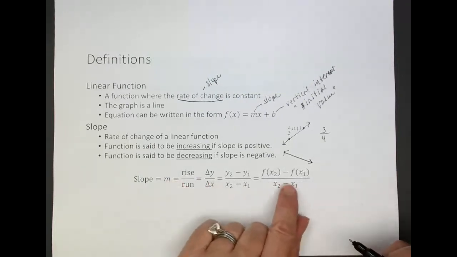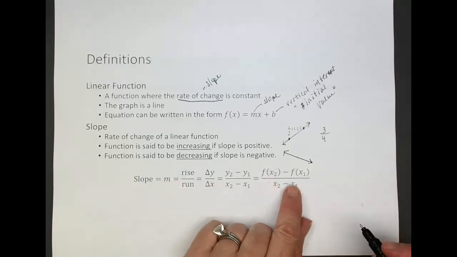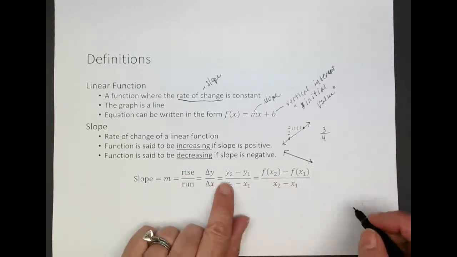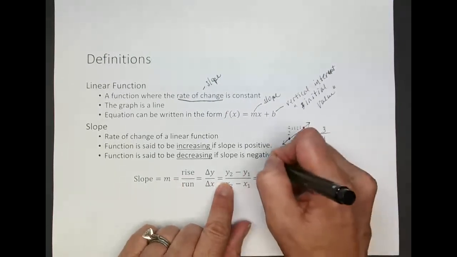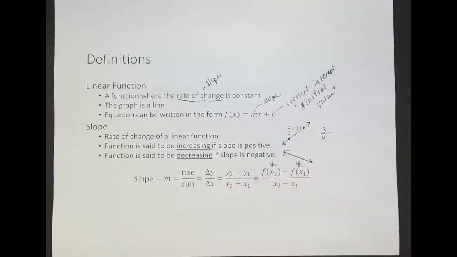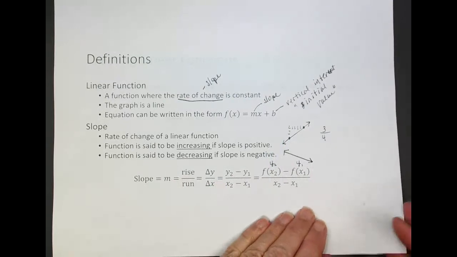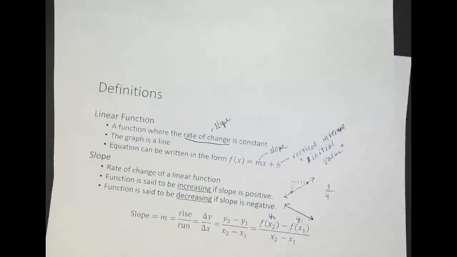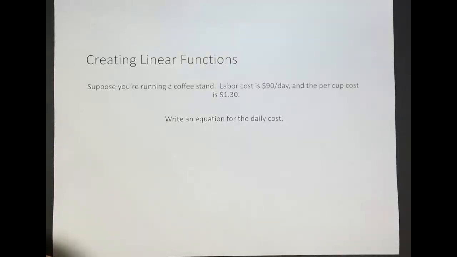Another way to think about f of x2 and f of x1 is that they're just function notation for the y's. So f of x2 can be thought of as y2, and f of x1 as y1. Hopefully this is all feeling like review to you. It's all just different ways to think about rate of change.